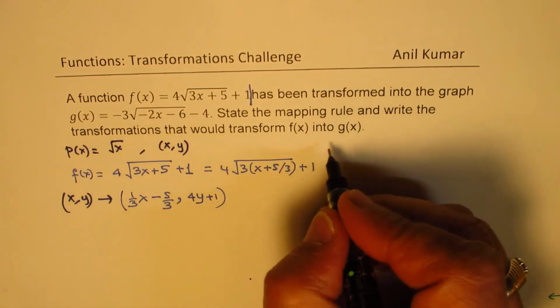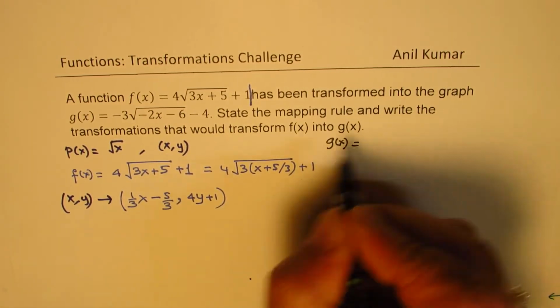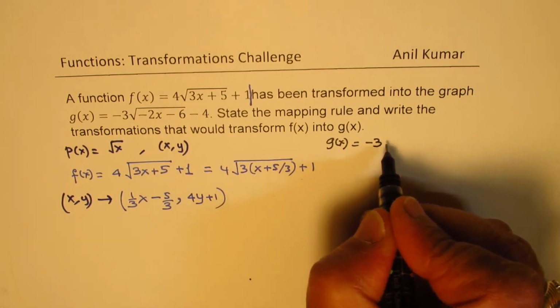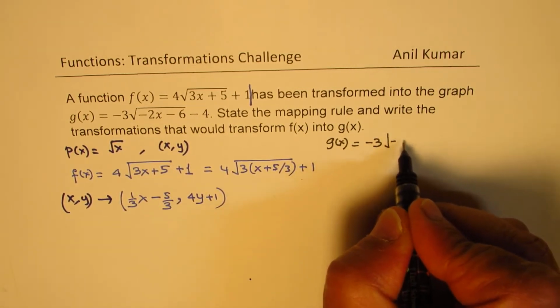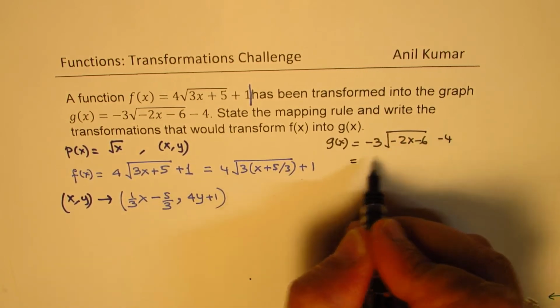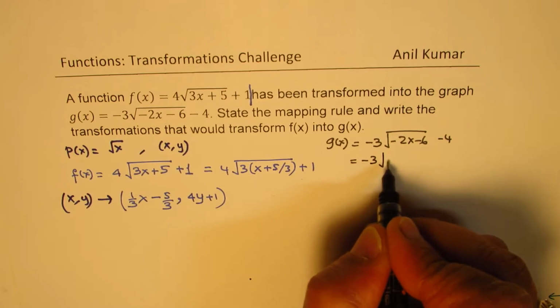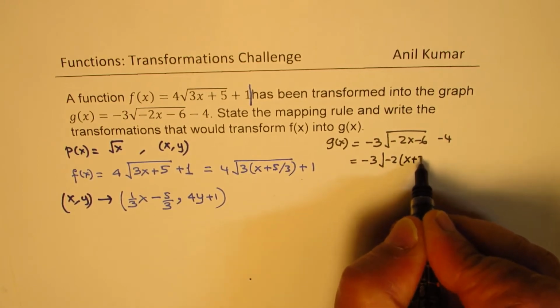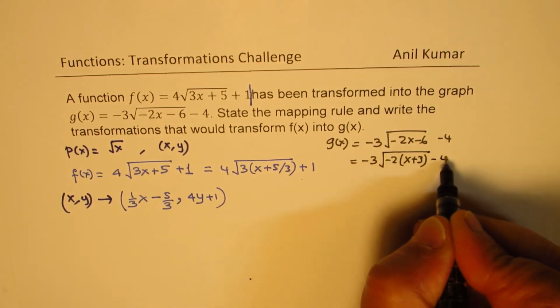Now let's look into g of x. G of x is given to us as minus 3 square root of minus 2x minus 6, minus 4. Now we should factor this. So we get minus 2 times x plus 3 within the square root, minus 4.